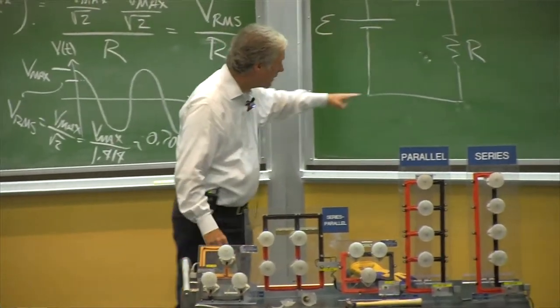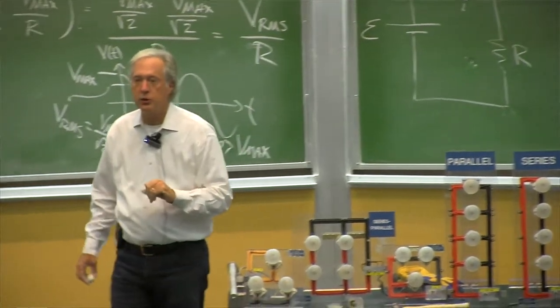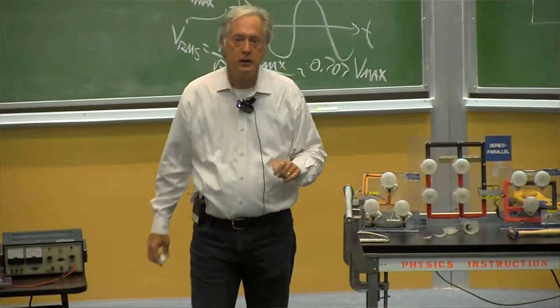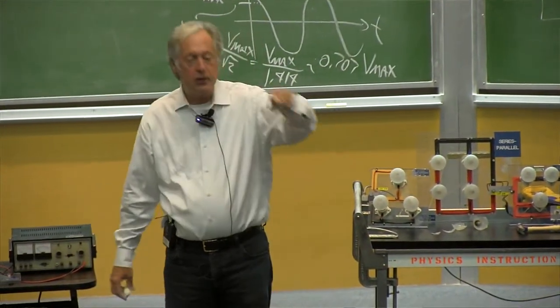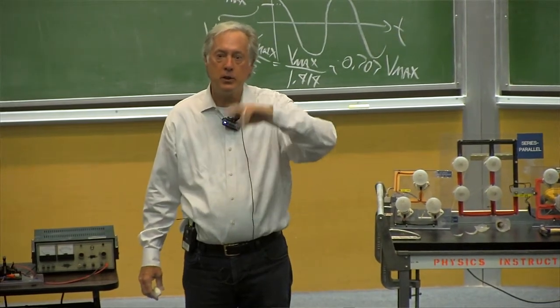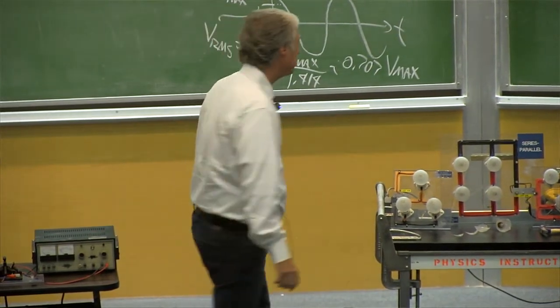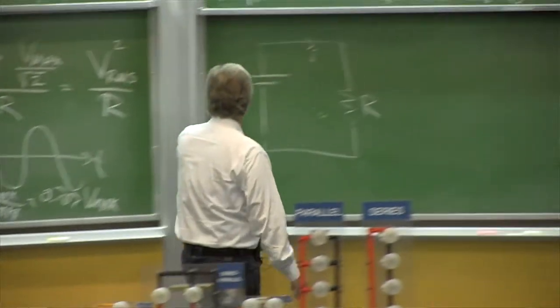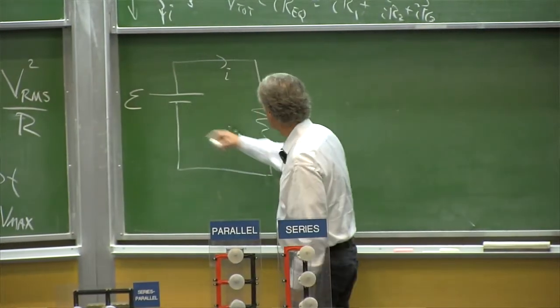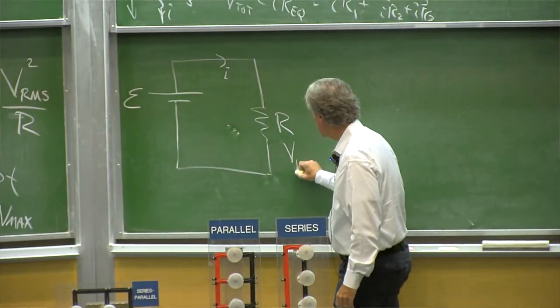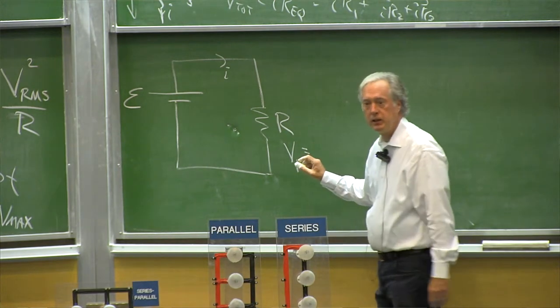And the other one is that the sum of the voltages around any loop must go back to where you were. So the sum of the voltages has to be 0. In other words, we have an EMF over here. The voltage drop across the resistor is what?